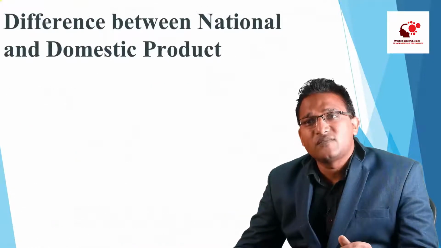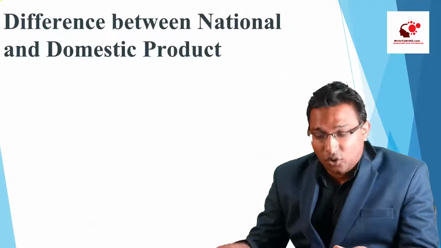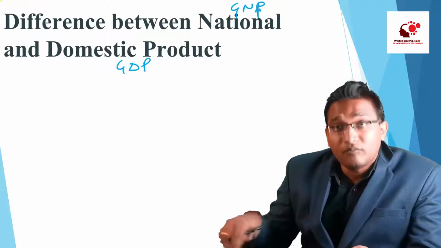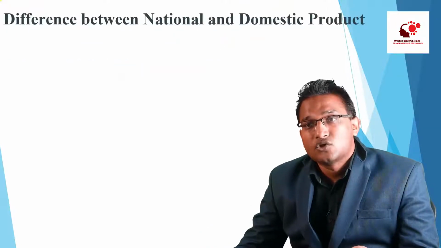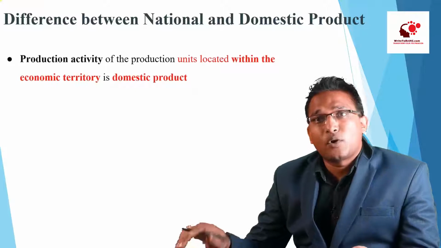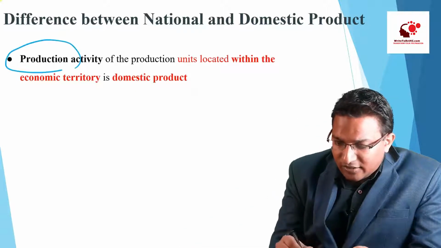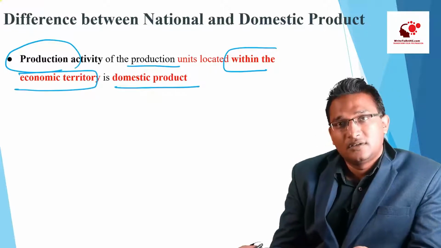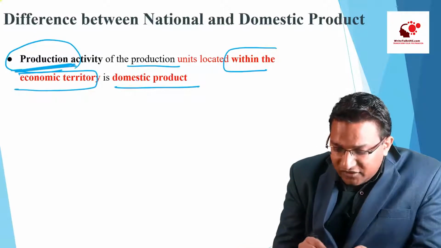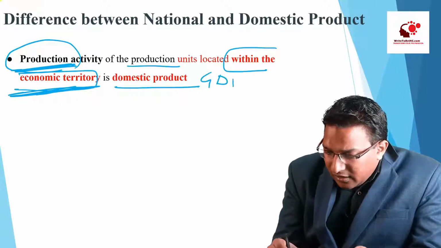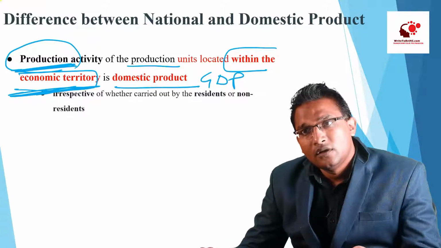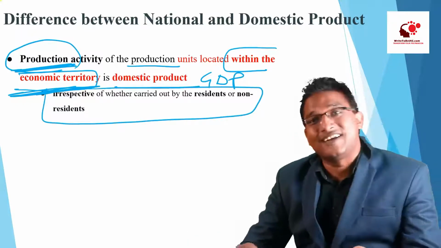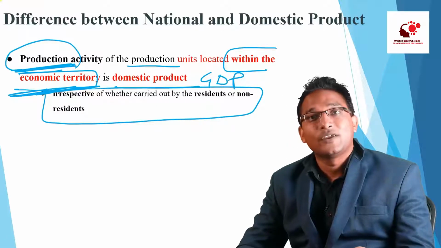Now let us see the difference between the national and domestic product, or GNP and GDP. We have already discussed. Now let us see much more clearly. The production activity of the production unit located within the economic territory is the domestic product, right? So production happening within the economic territory is the GDP. I already told you. Irrespective of whether it is carried out by the resident or non-resident, right?